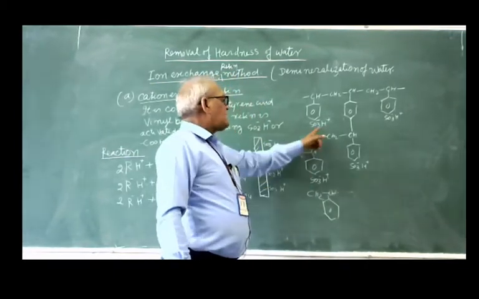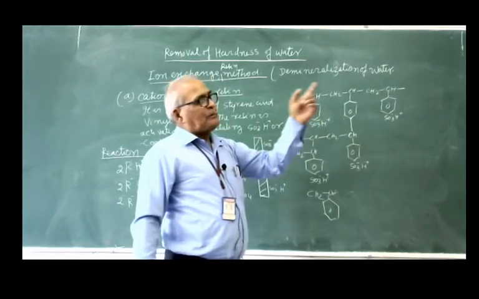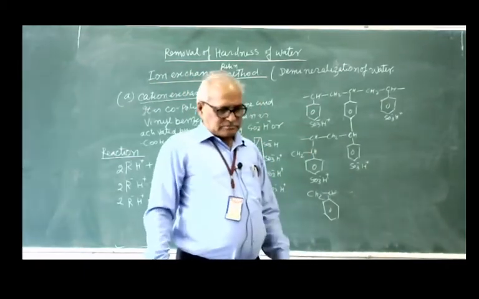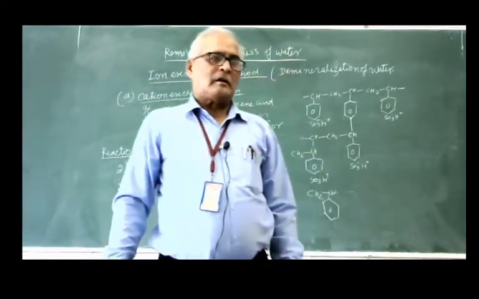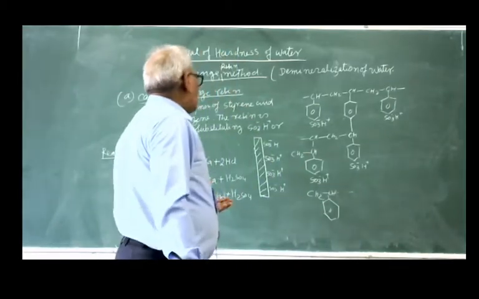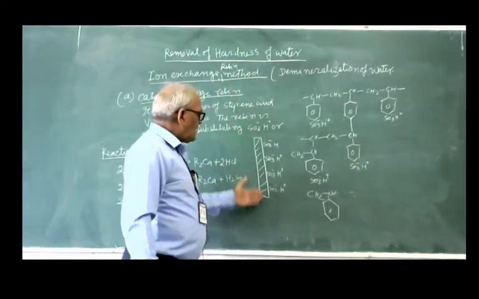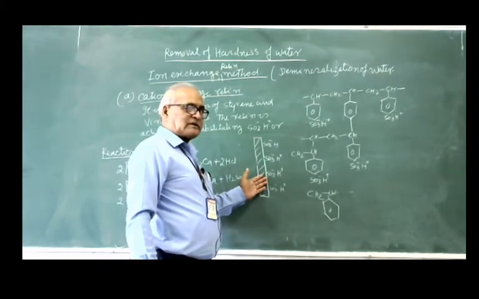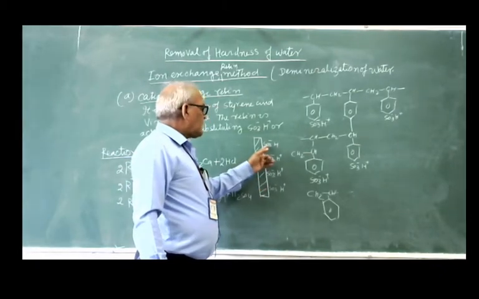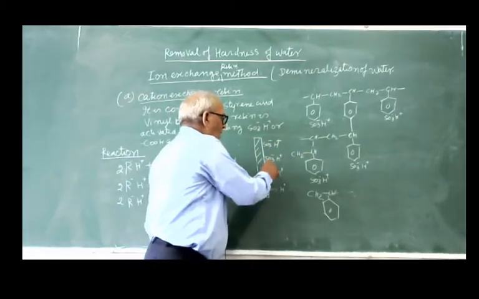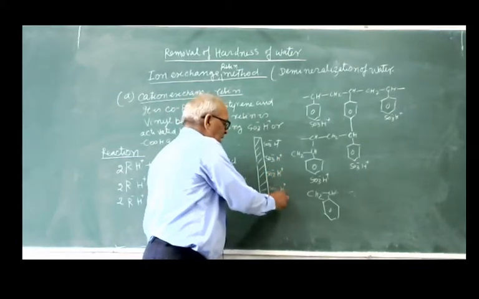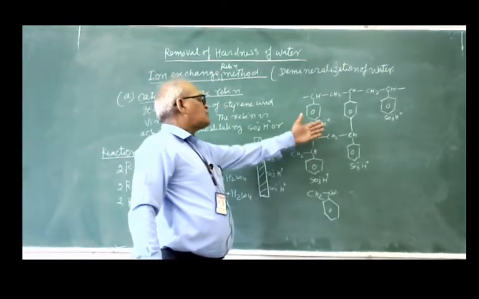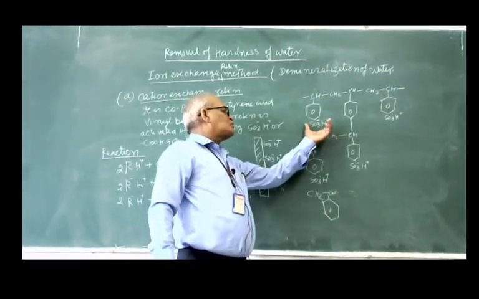Since there is a hydrogen ion which is replaceable, we say it is cation exchange. Suppose this is the reagent, porous, with micropores present in the resin. These are SO3H, SO3H, SO3H. This is the functional group achieved by substitution reaction of SO3H.